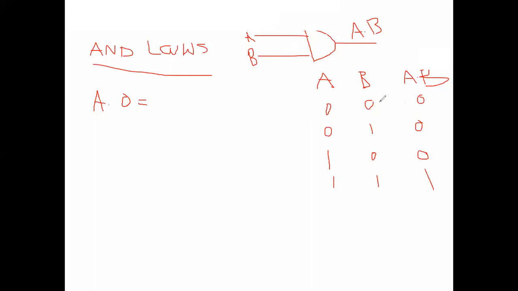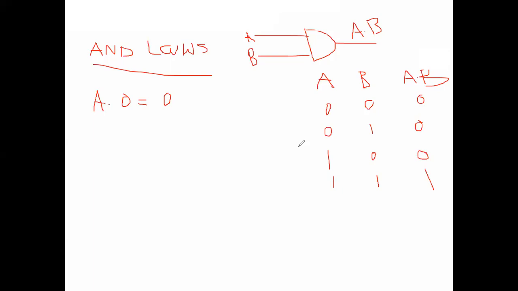See, 0 0, the output is 0; 0 1, the output is 0; 1 0, the output is 0. That means if any one of the inputs is 0, then the output is 0. So here A dot 0, what is the answer? You will be getting 0.